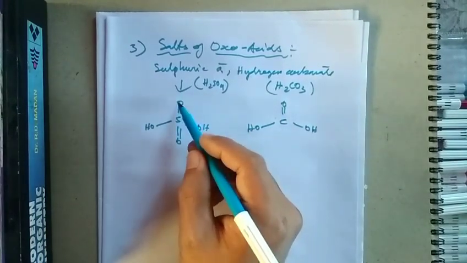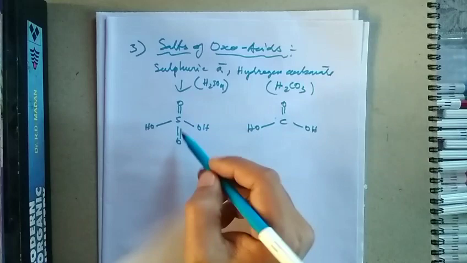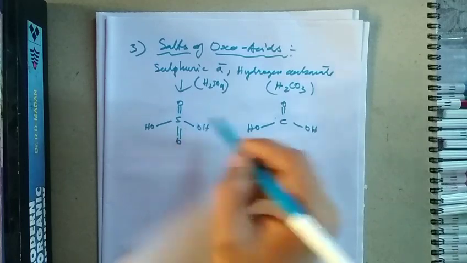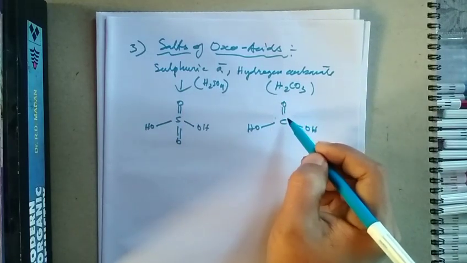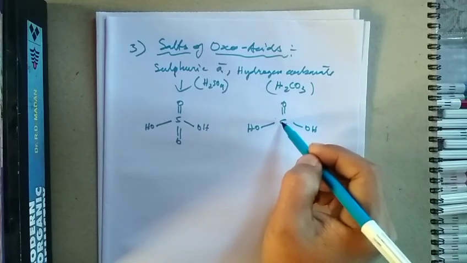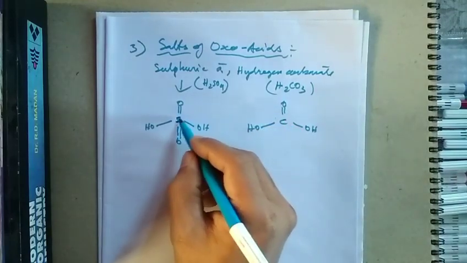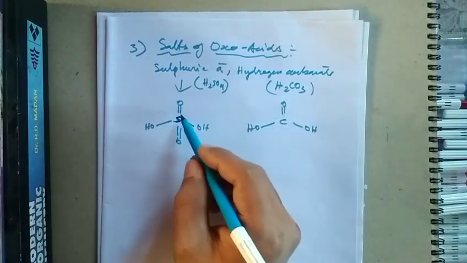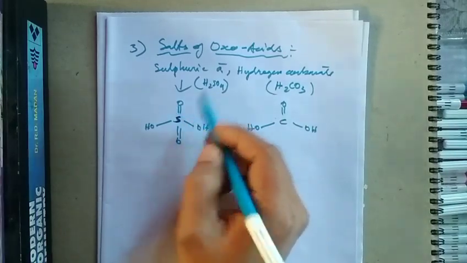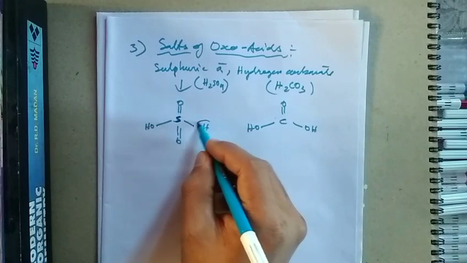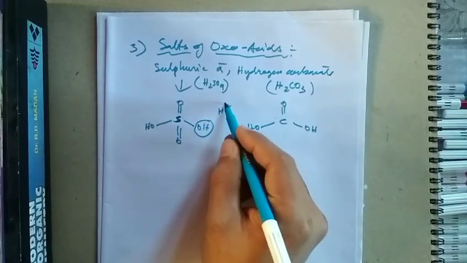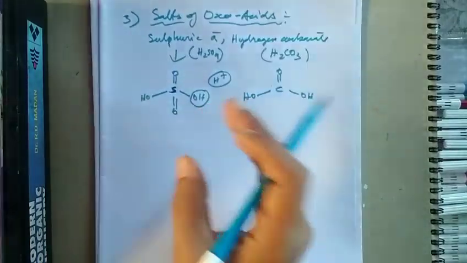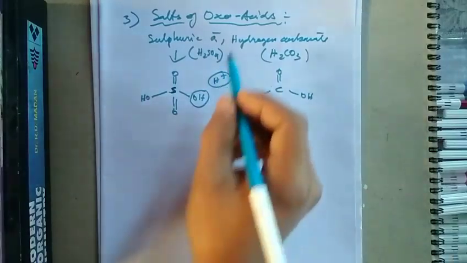Oxoacids are those in which there is an oxo group present, the oxygen with a double bond attached to the main element, or central atom. They are called oxoacids because the hydroxyl group can donate a proton, H plus ion. That's why they are acids. We all know that acids are those which can donate a proton. So they are called oxoacids.